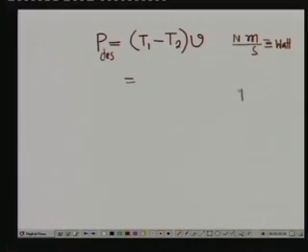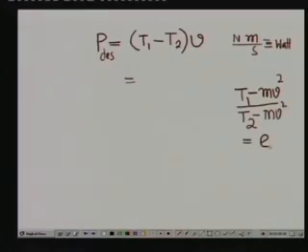You know very well (T1 minus m v square) by (T2 minus m v square) equals e to the power mu alpha. What is this one? Mu is the coefficient of friction, as you know, and alpha is the angle of wrap. Okay.